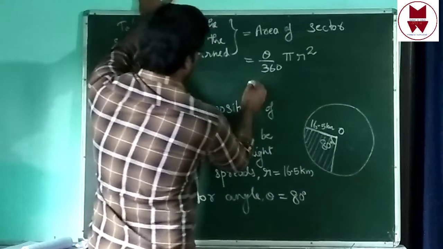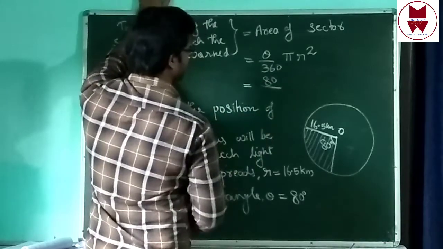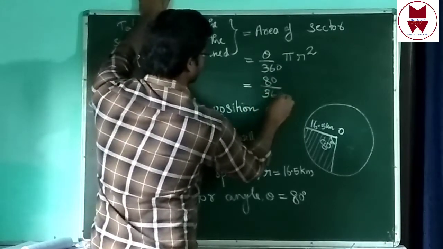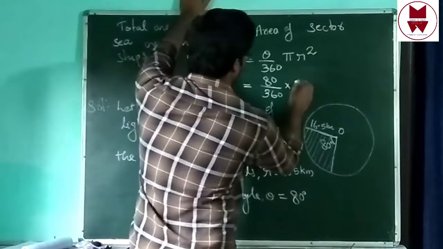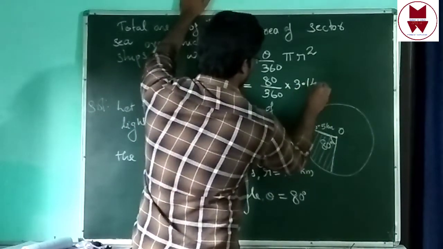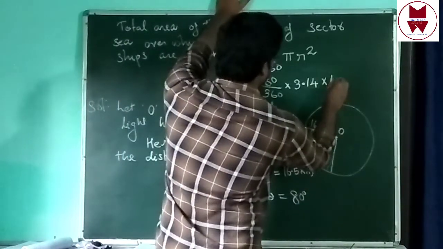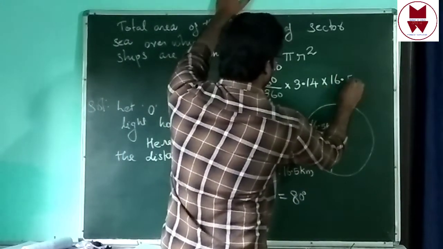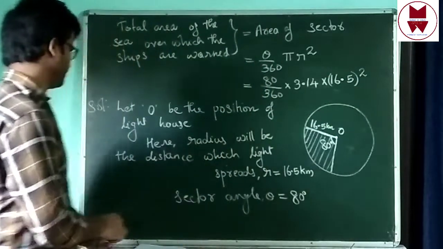All the values we can give. Theta is 80 degree divided by 360 into pi. Pi value in question they are given 3.14. Don't use 22 by 7. 3.14 into radius. Radius is 16.5 whole square.